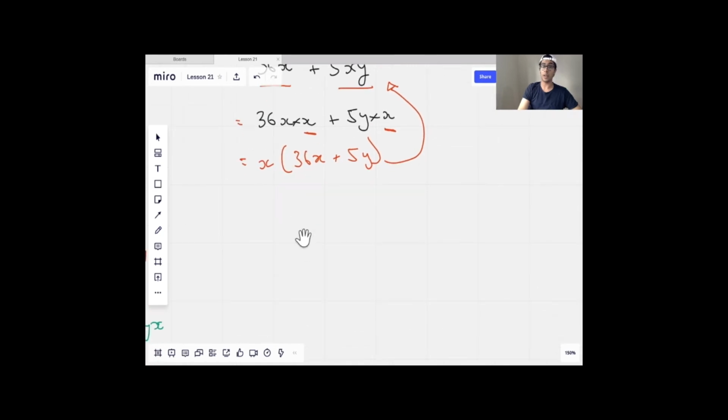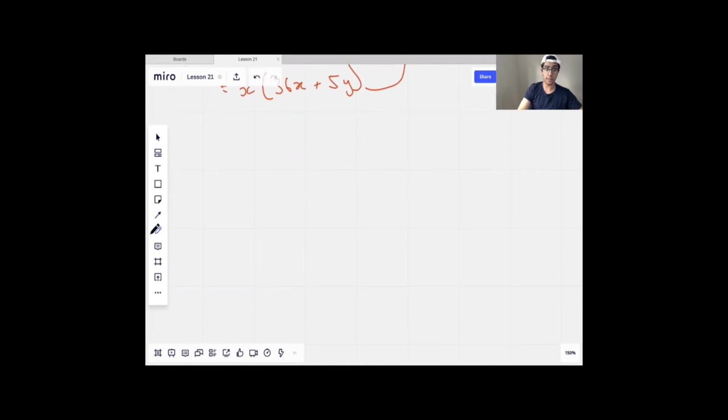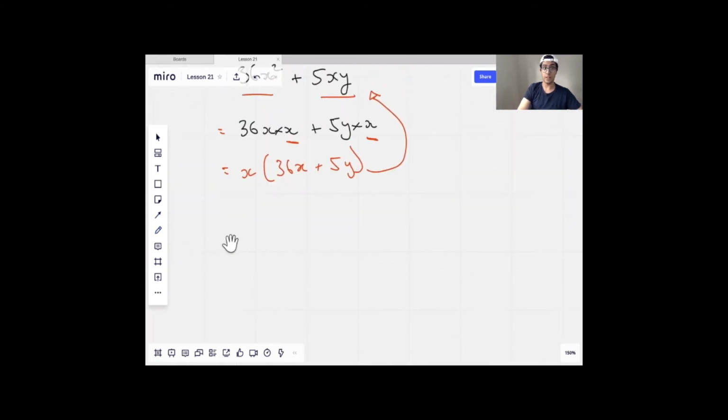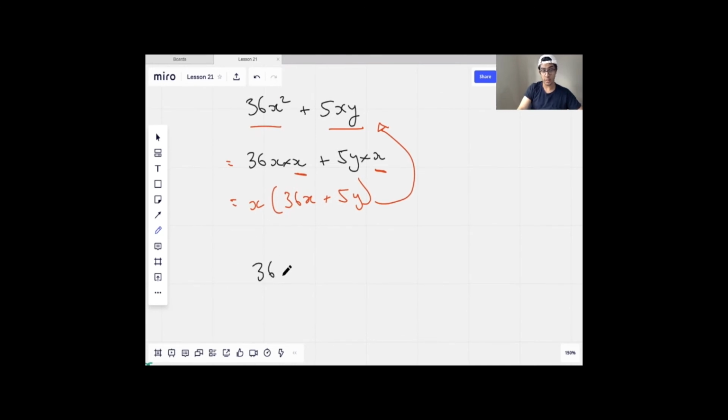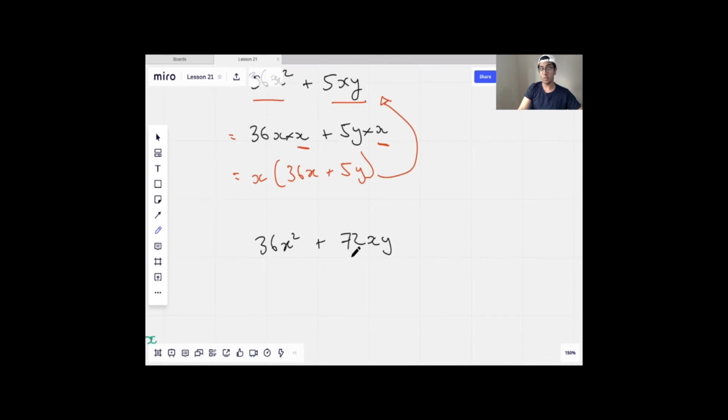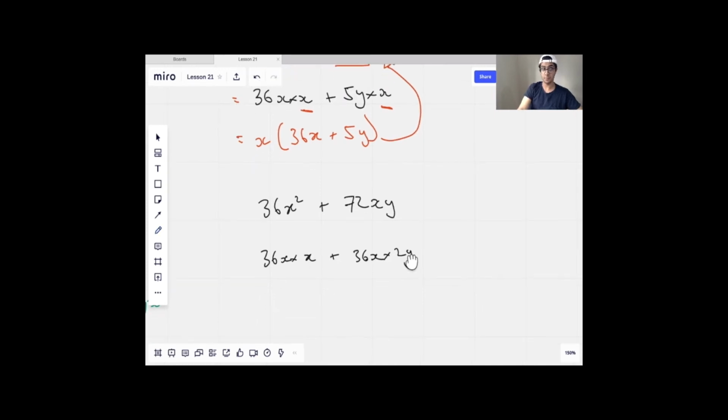But for example, if we have a perhaps harder one, if we had, instead of this, 36x squared plus 72xy. Well, in this case, we can notice there's a factor of 36 in both of these. So that can be written as 36x times by x plus 36x times by 2y.